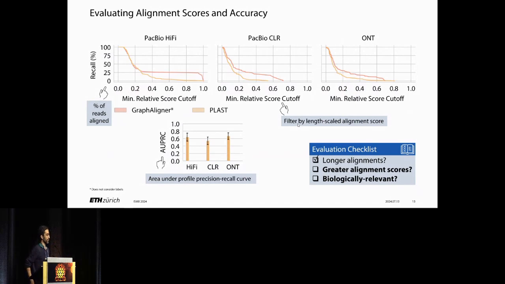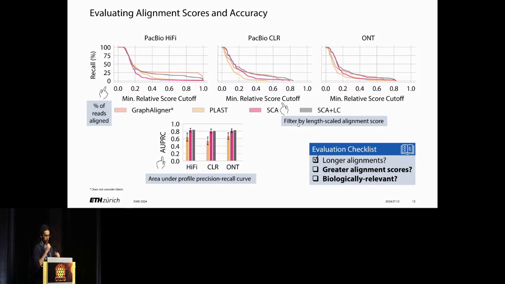So looking at Graph Aligner and Plast, we see that our recall is generally low. We need to set a low cutoff to get 50% recall. And we see similar features when we have our baseline SCA and SCA with our label change scoring, though we do note we get an improvement in the area under the precision recall curve.